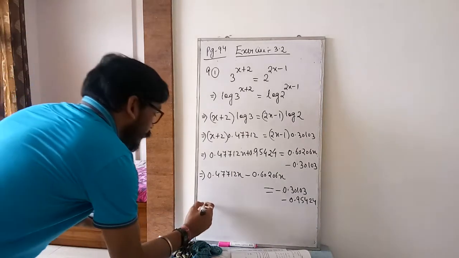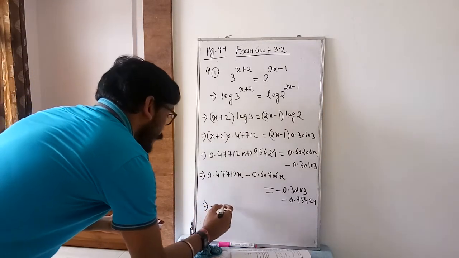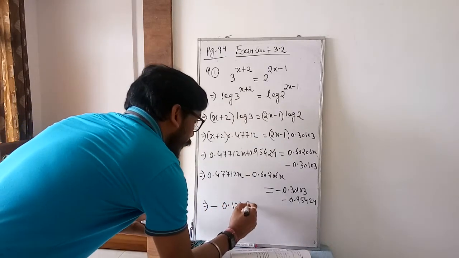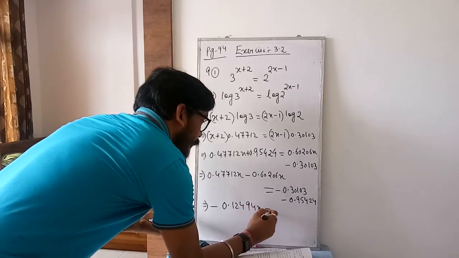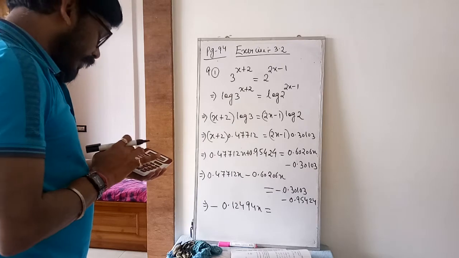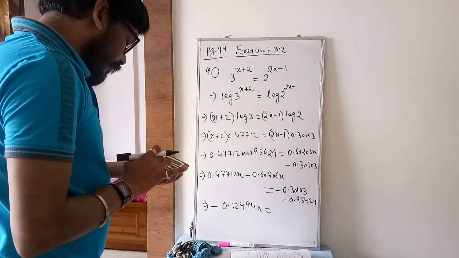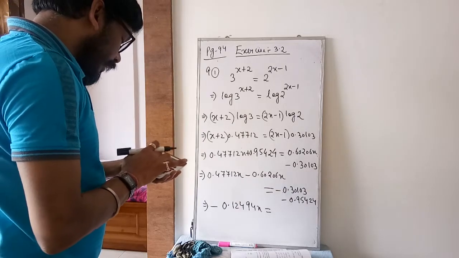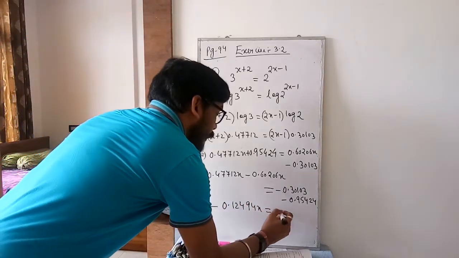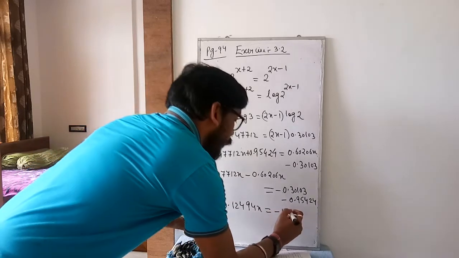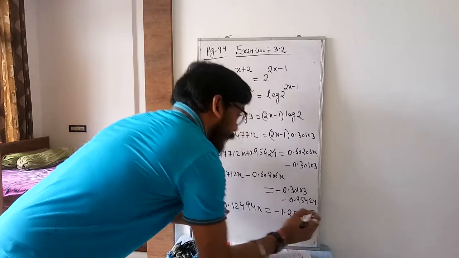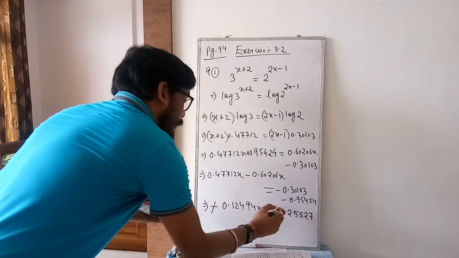So here you will get minus 0.12494x, and here minus minus plus we will do. So 0.30103 plus 0.95424, you will get minus 1.25527. Both sides minus, minus minus cancel.